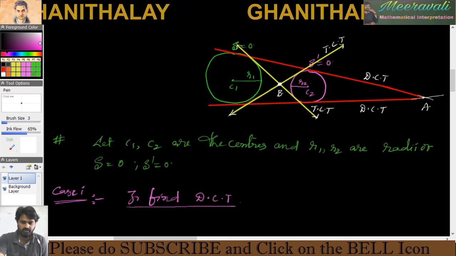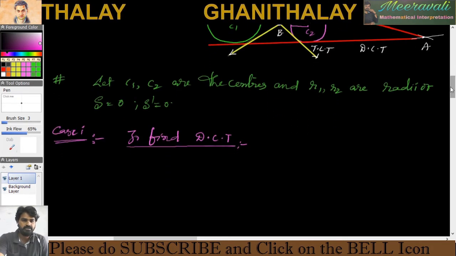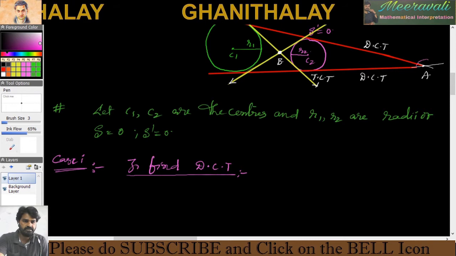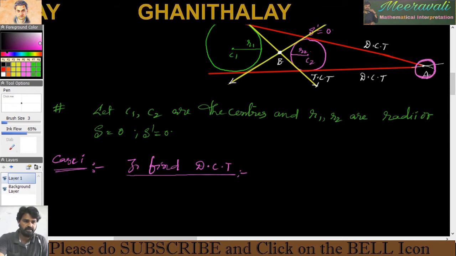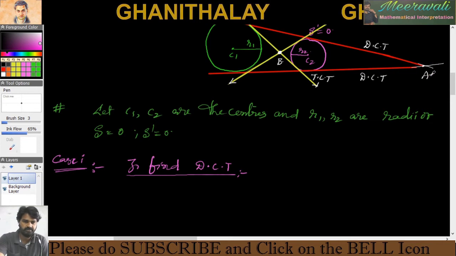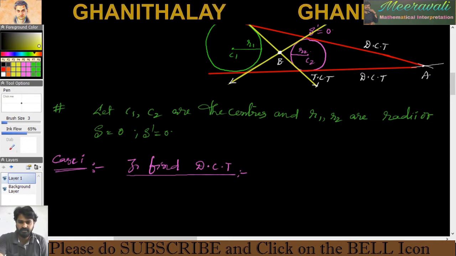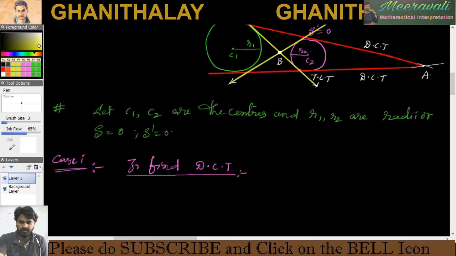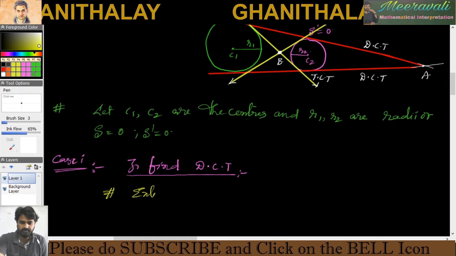Here the direct common tangents meet at the external center of similitude. So that's why you first find the external center of similitude. First, what you have to find is the external center of similitude.